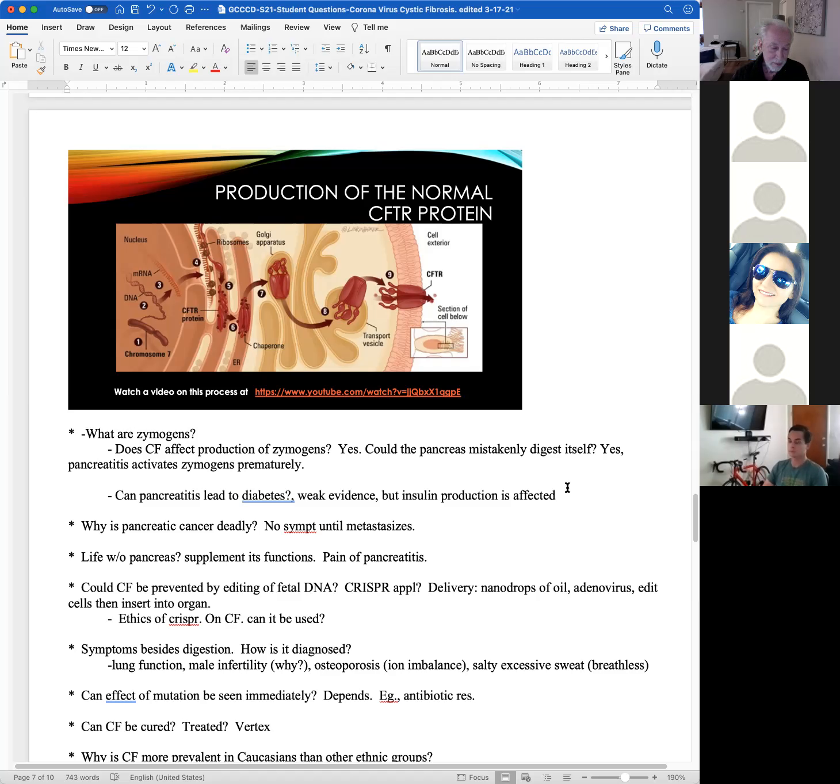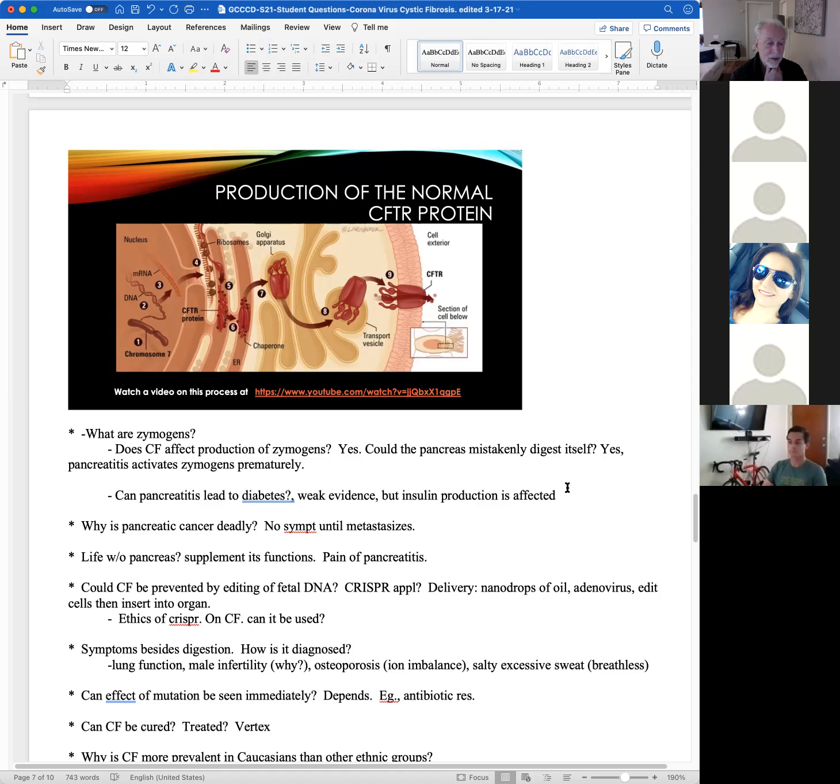The problem is, you can use CRISPR to edit DNA in cells in test tubes. Then the question is, how do you extend that to the whole organism? So this is the whole organism after development. It's not in the fetus. And so it all comes down to delivery methods.